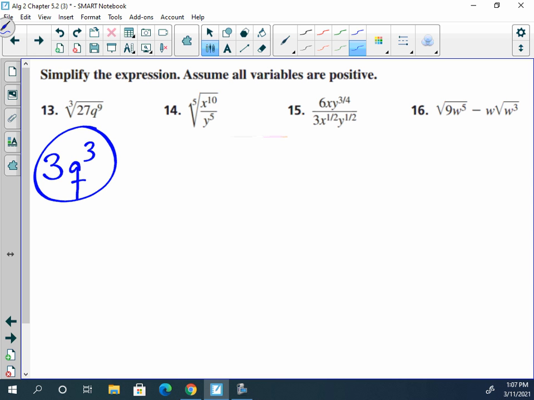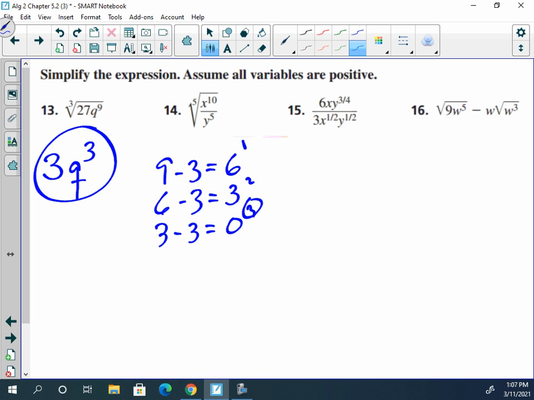Now, you're probably wondering, why didn't we use the addition or subtraction method? It's because it's divisible by 3. We could have done it. We could have said 9 minus 3 is 6, 6 minus 3 is 3, 3 minus 3 is 0, and I did it 3 times.